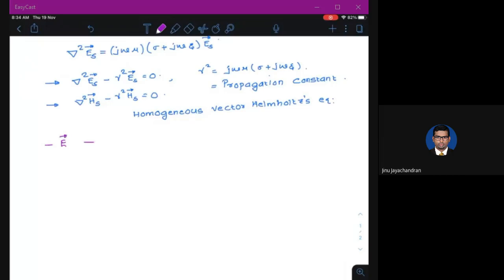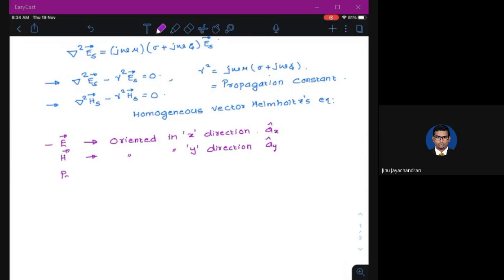Electric field is oriented in x direction, that means it is ax cap, and magnetic field is oriented in y direction, because the magnetic field and electric field will always be perpendicular to each other.